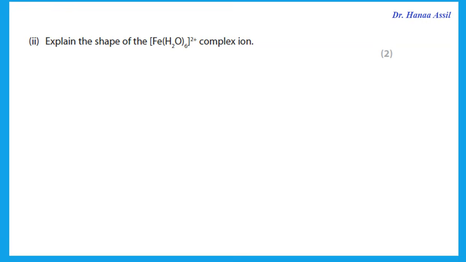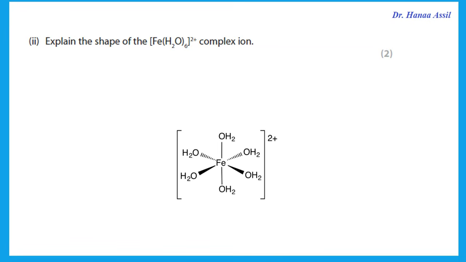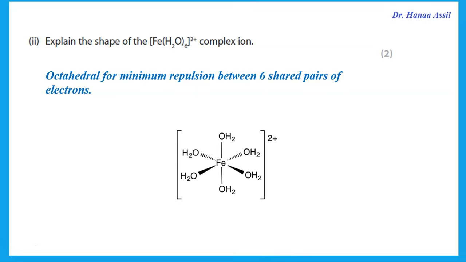Explain the shape of this complex ion. Remember that if we have 6 ligands, we have this kind of octahedral structure. So this is for minimum repulsion between the 6 shared pairs of electrons with the 6 ligands.